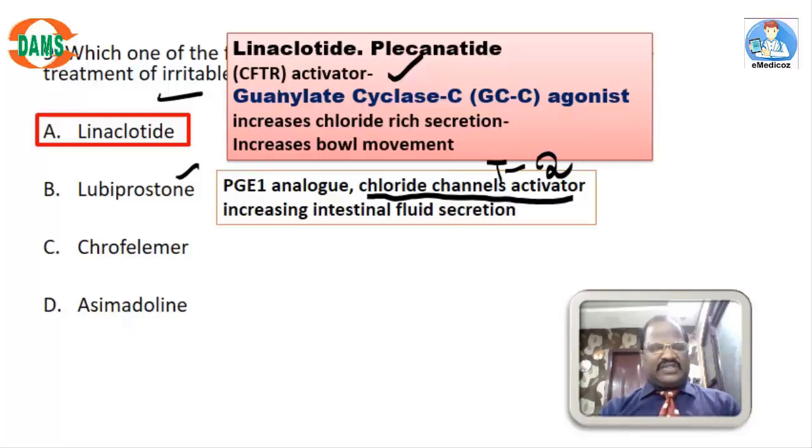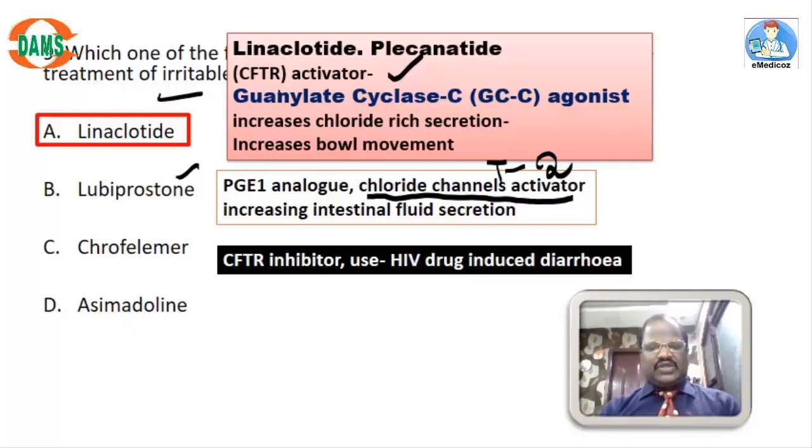Now coming to option C, crofelemer. Crofelemer is actually a CFTR inhibitor useful for treatment of HIV drug-induced diarrhea. Now option D, acimidolin. Acimidolin is actually an opioid useful for treatment of diarrhea-dominant type of irritable bowel syndrome. It's a very important question. Important new drugs useful for treatment of irritable bowel syndrome. So, important question. The next question.